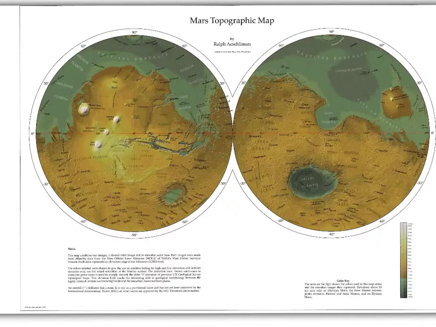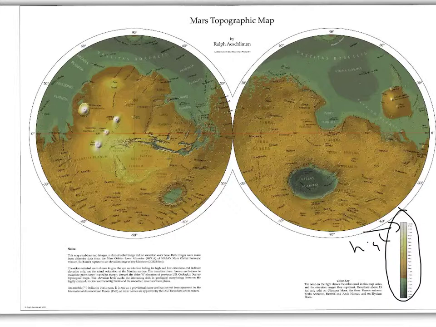So we've got this elevation scale over here. We have high elevations in the lighter tan colors, and we've got the lower elevations in these darker, more bluish tinge.